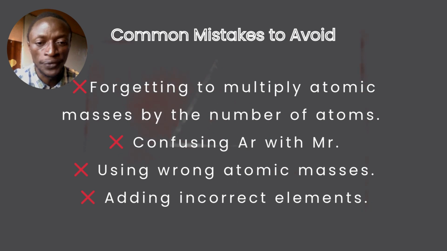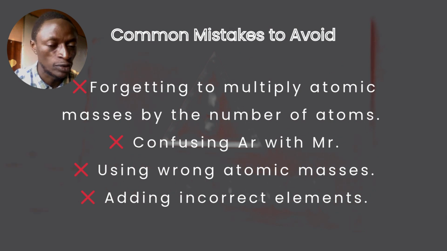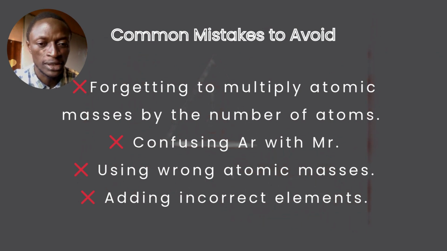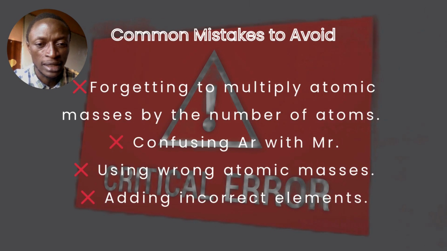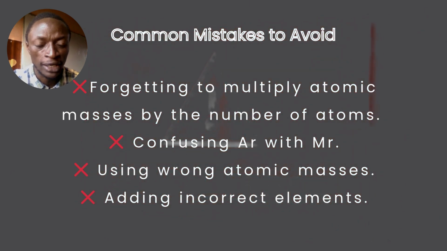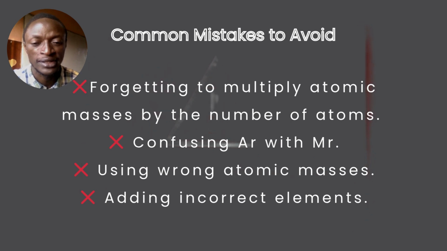The second is confusing Ar with Mr. Mr is relative molecular mass, while Ar is relative atomic mass. Relative atomic mass, you can get that number from your periodic table, while the Mr, which is the relative molecular mass, you calculate it, and we have done that already.